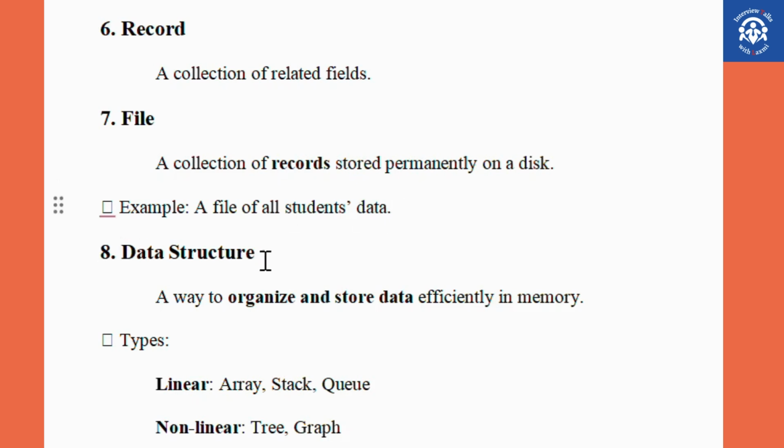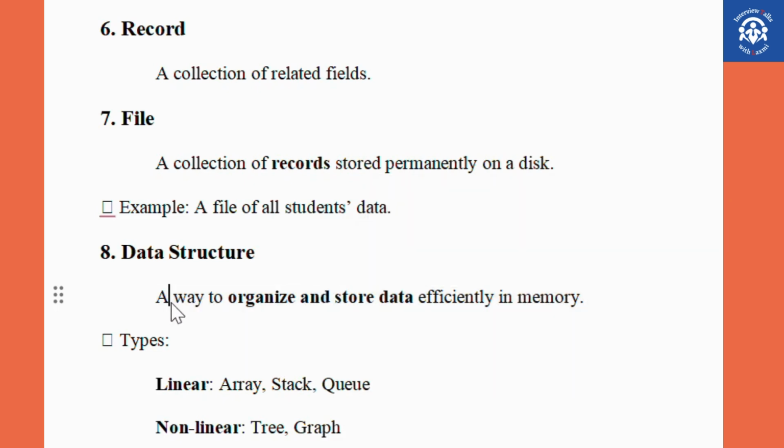So finally we are entering into the concept called data structure. Here I will give a basic sentence. What would be a data structure? Data structure means a way to organize and store data efficiently in memory.